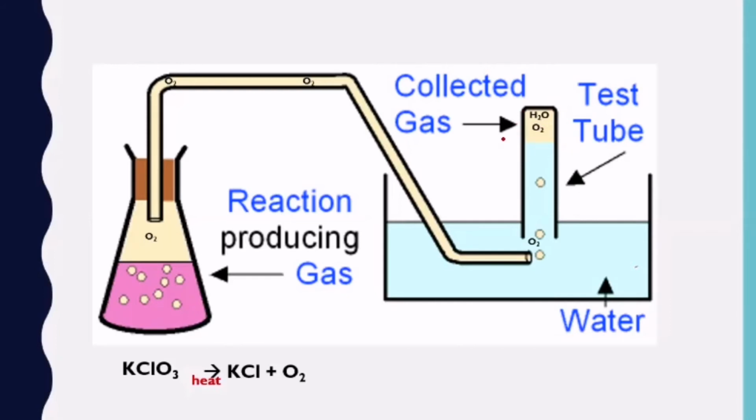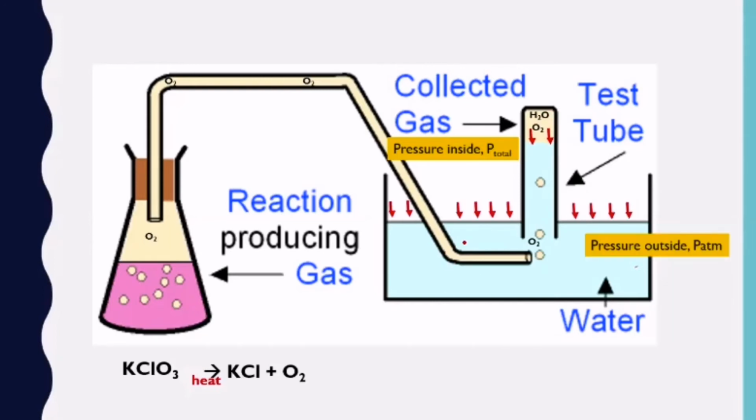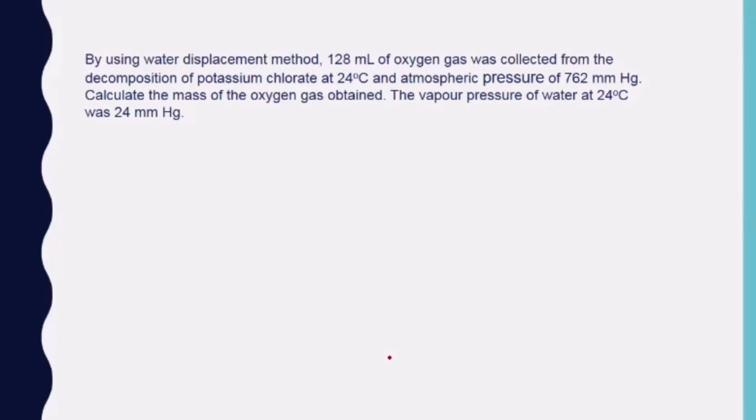The P inside here is exerted by P total, which is equal to P H2O and P oxygen. We also have P outside, which is the atmospheric pressure, and until it reaches equilibrium, P outside will equal P inside.